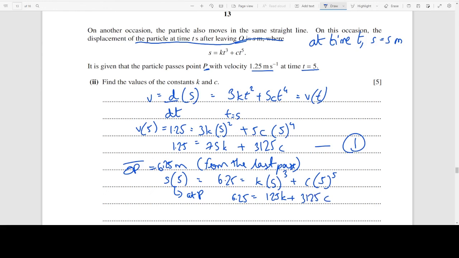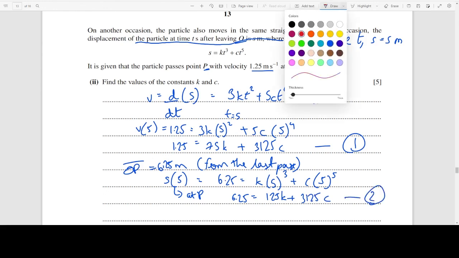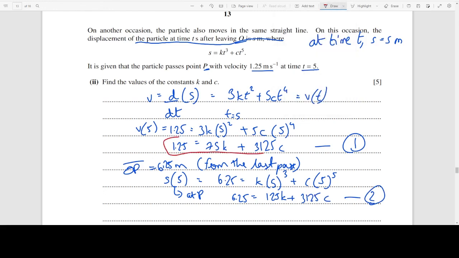This is the first equation and this is the second equation.